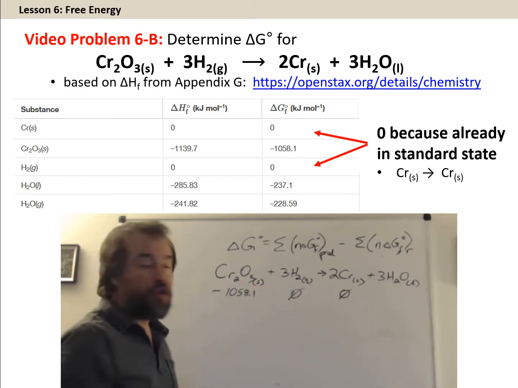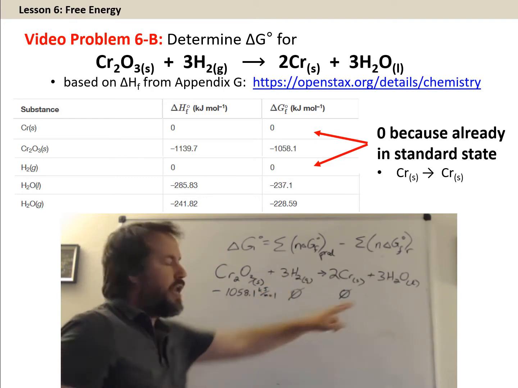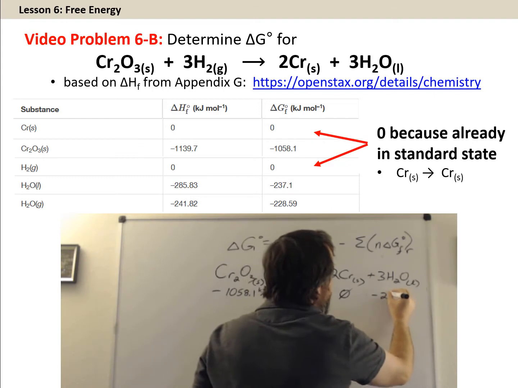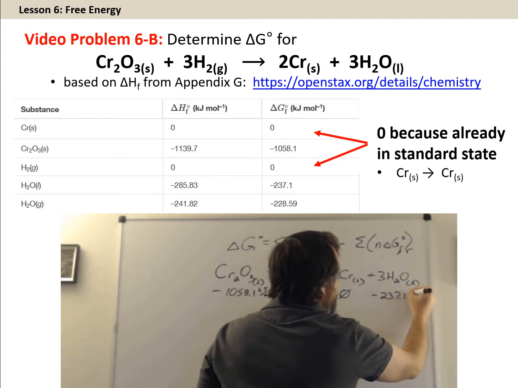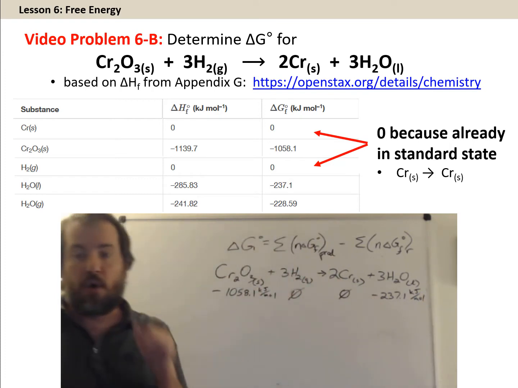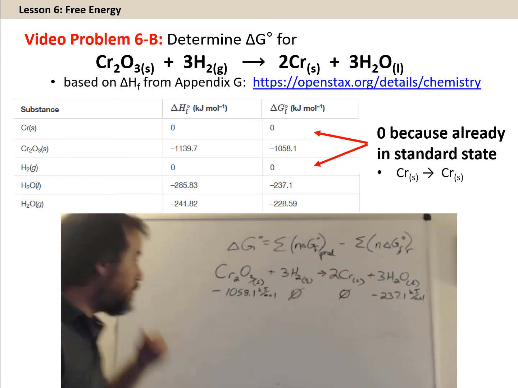This is in kilojoules per mole. And then 3H2O, H2O liquid, is negative 237.1 kilojoules per mole. You need to make sure to use the value for liquid water, not for gaseous water.